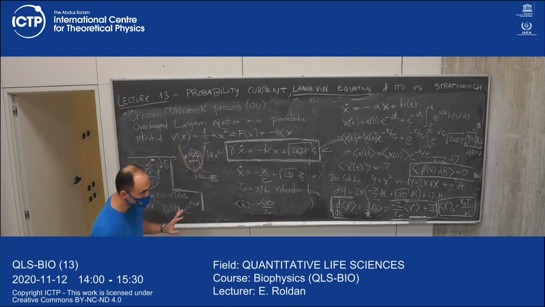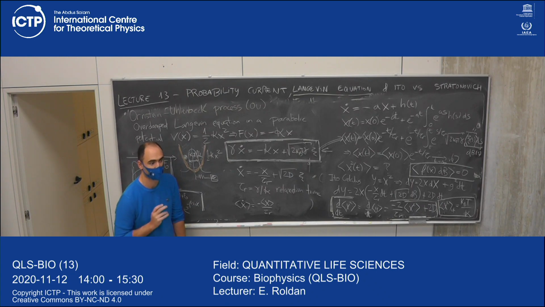What you have to keep in mind from this second part of the lecture is what is the Langevin equation? What does it mean? Where does each of the terms come from? What is the overdamped limit?